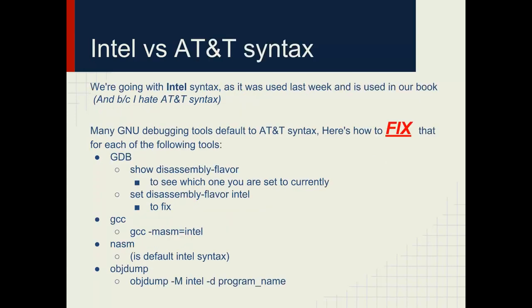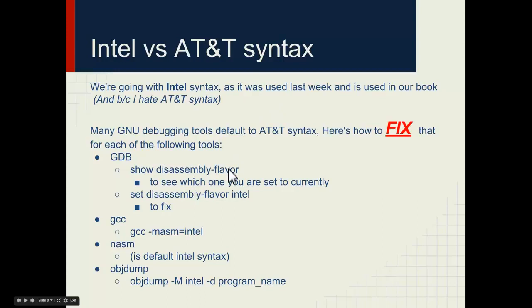And there can be different syntaxes for the instruction set of your choice. For x86, there's commonly AT&T syntax and Intel syntax. And as our guest lecturer said, most everyone nowadays uses Intel syntax. So if you're using GDB, it defaults to AT&T syntax, which can be confusing if you're coming straight from the slides and straight from the Art of Exploitation textbook.